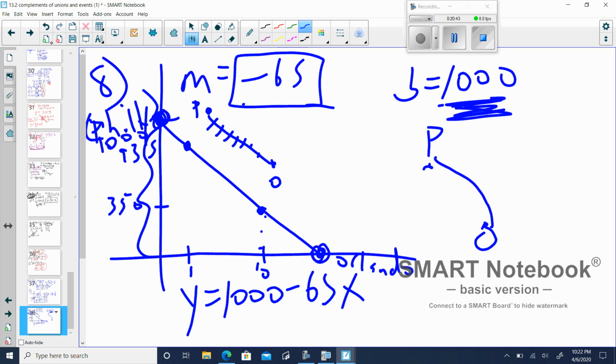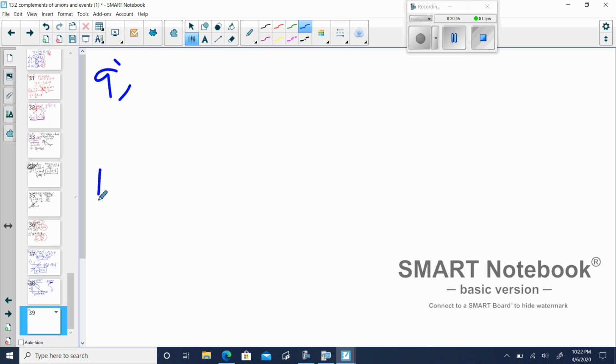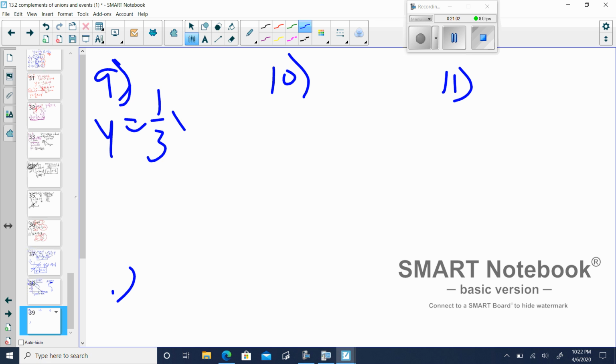All right, let's take a look at 9, 10, and 11. Graph each equation on a separate piece of grid paper. Let me go through these this way since we have to graph them. Number 9: y equals 1/3 x plus 5. Always start with the y-intercept.